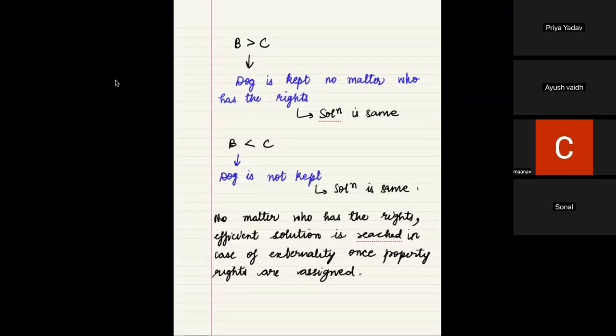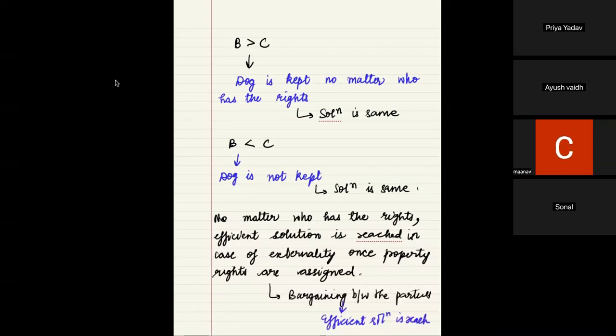So this is actually your Coase theorem. It's a solution to externality. How do you rectify the externalities? You assign property rights and then automatically, through bargaining between the parties, an optimum, efficient solution is reached.